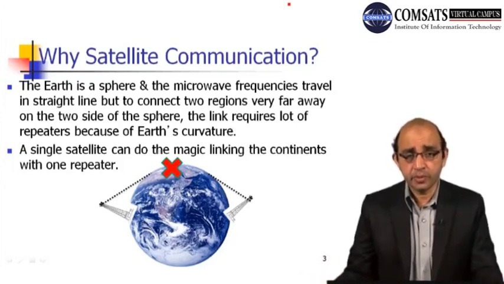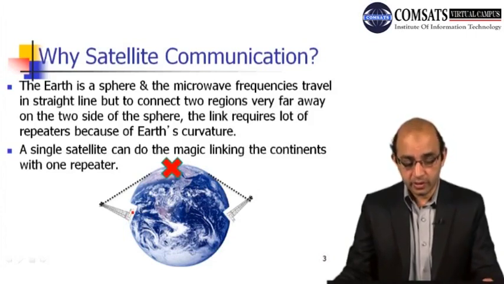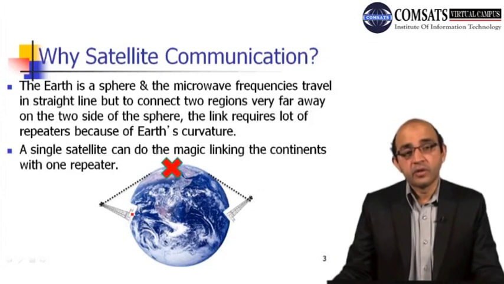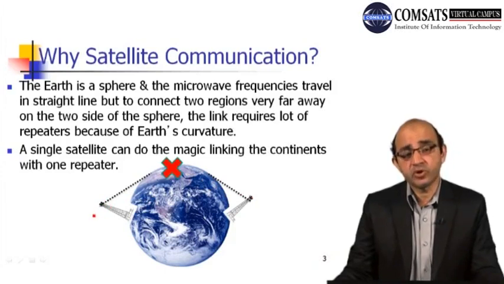But for example, if I need to connect two base stations, or maybe two communication points, from one side of the Atlantic to another, you can see that there is no straight line that I can draw in order to have communication. This is because of the curvature of the earth, right?